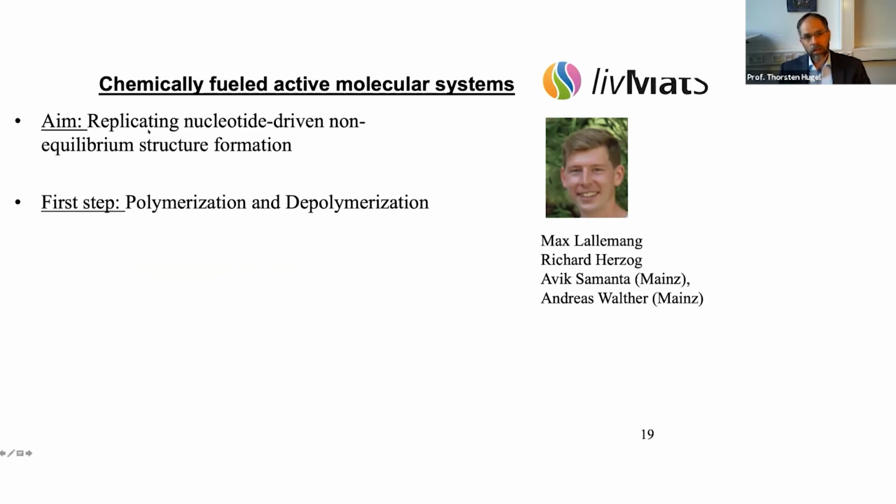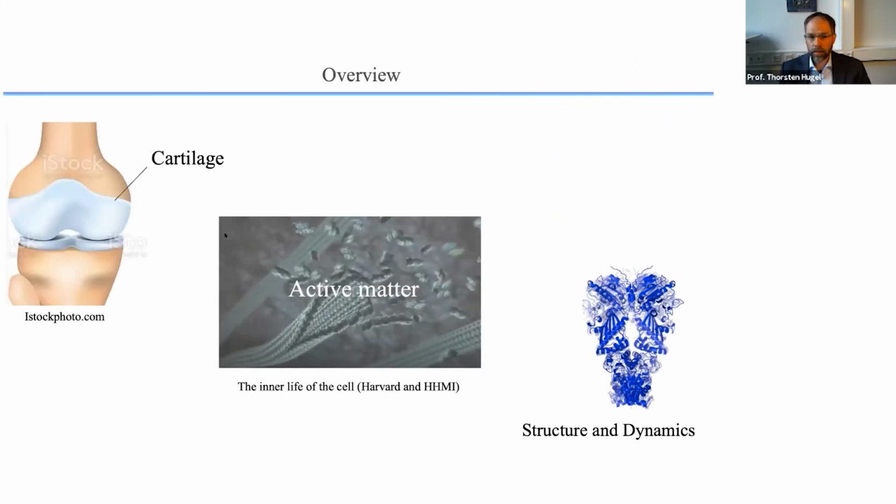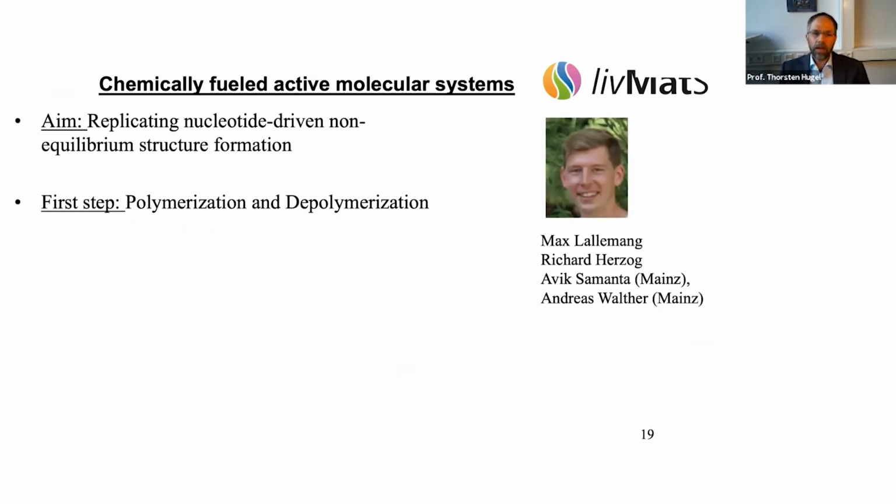And the question is, could you produce some nucleotide-driven non-equilibrium structures? Like the microtubule, probably everyone has seen these amazing movies, how microtubules polymerize and depolymerize. Sounds so easy, but if you think about it, how can you do this? It's tricky. And the first step is you need to get a polymerization and depolymerization.